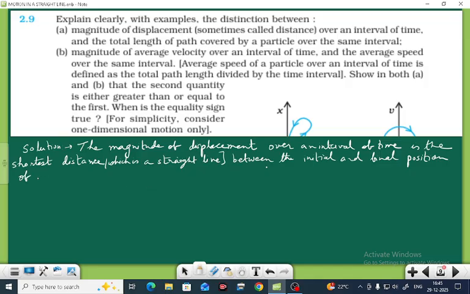This is the displacement of the particle.